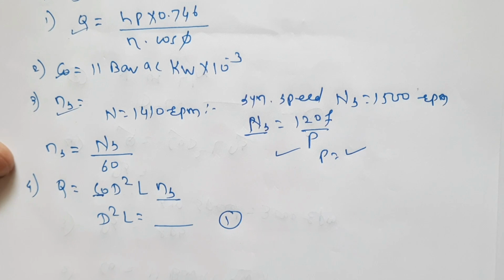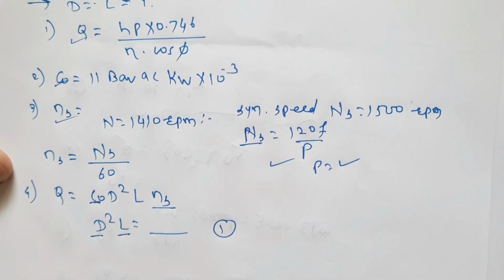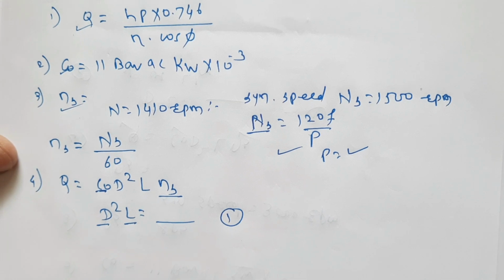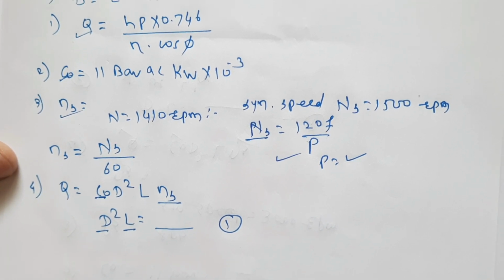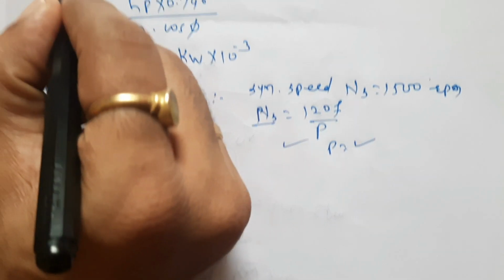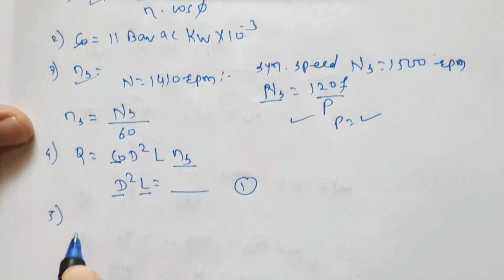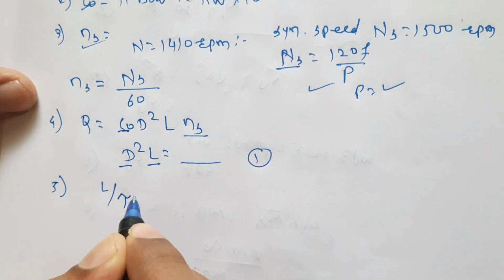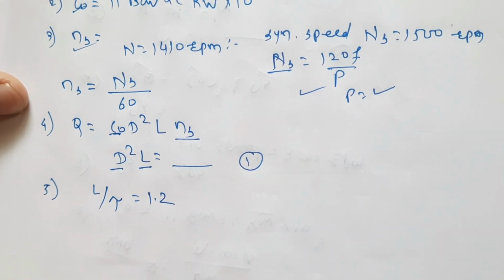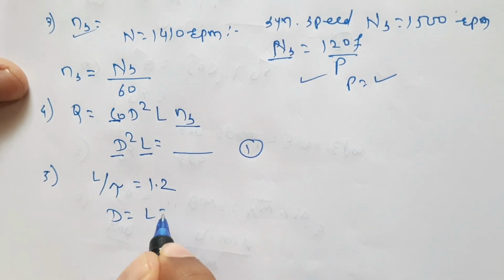Now to separate this product D and L, we will require either peripheral speed or the ratio of core length to pole pitch, L by tau. In this problem L by tau is given as 1.2. From this, we will get the values of D and L.